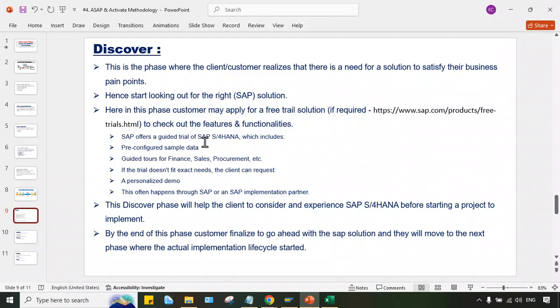If they are satisfied that this software is far better than the ERP being used by the client, then of course they can go for SAP, right? That's the reason pre-configured sample data are already there, with a guided tour for finance and sales. These are the modules. They can check the activities related to finance, sales and distribution, and procurement.